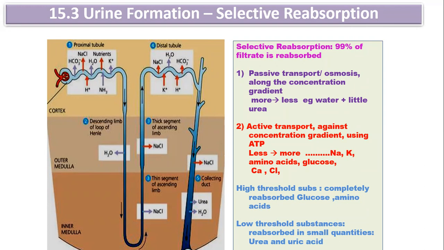So basically there are three types of substances: high threshold, which are required by the body and completely reabsorbed; low threshold, reabsorbed in small quantities; and no threshold, not reabsorbed at all, such as creatinine. This is the process called selective reabsorption, where 99% of the filtrate is reabsorbed.